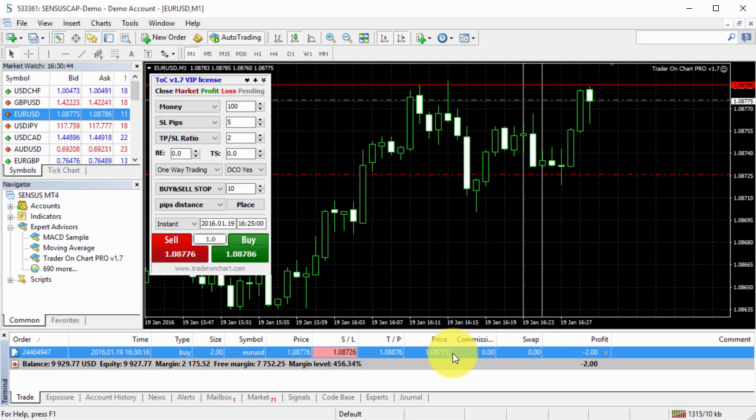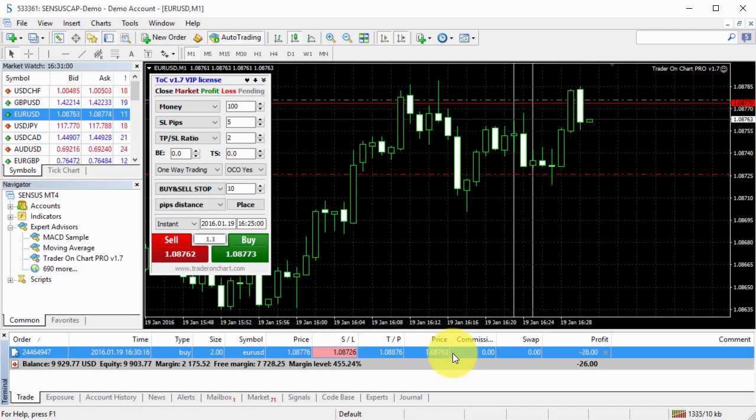It should win $200 because my take profit is 2 times bigger than my stop loss. So while this trade is running, hopefully it will hit stop loss soon. It usually happens when you don't expect it, but now that I'm waiting for it to hit stop loss, it might never happen actually.